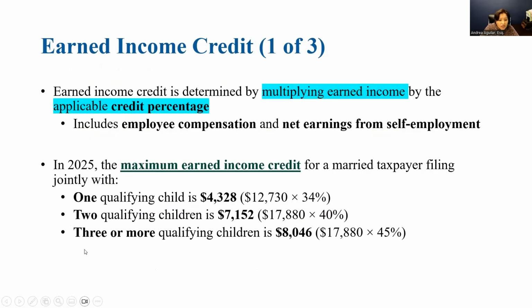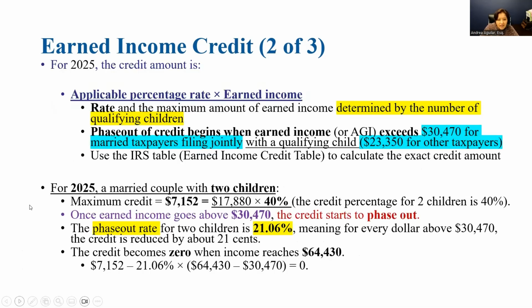Before, you were looking at how much income you have to make to get the maximum amount. But there will be a time where you start losing this earned income credit. And whenever you reach the phase out base is when you're going to start losing the earned income credit.